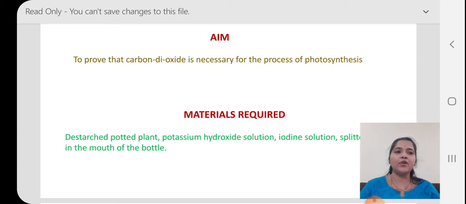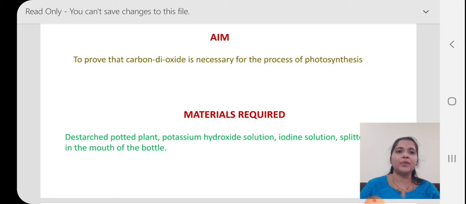So children, the aim of the experiment, as I already said, when you are doing a lab activity, there should be 5 headings along with a diagram: aim, materials required, procedure, observation and result. Along with that, you have to also give the diagrammatic representation of your lab activity.